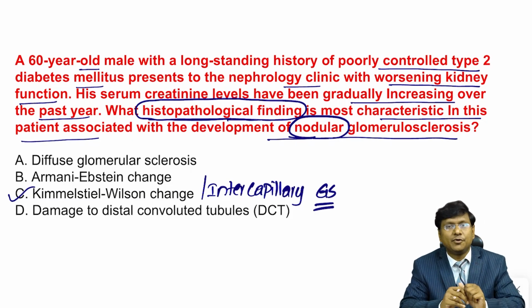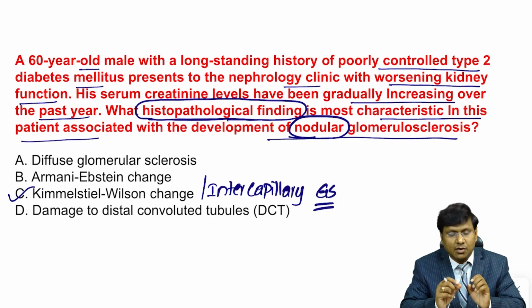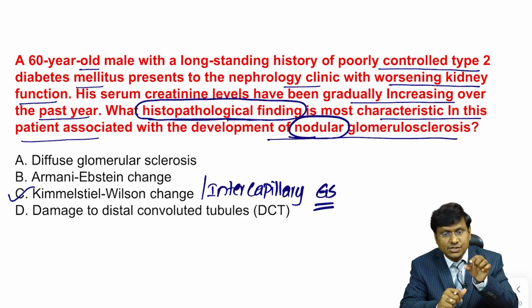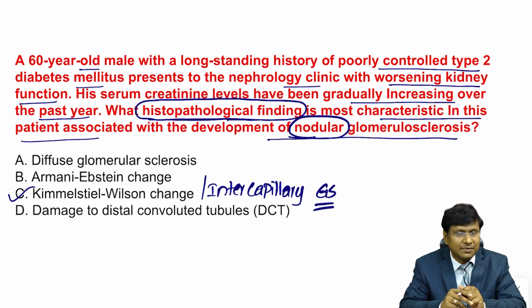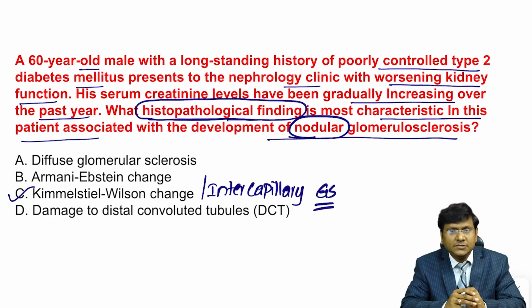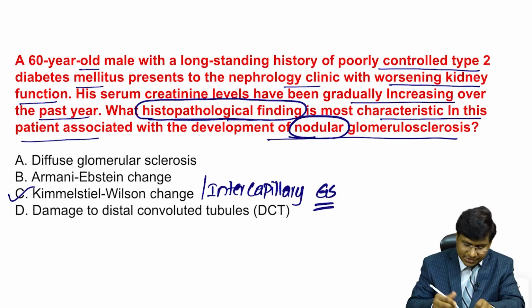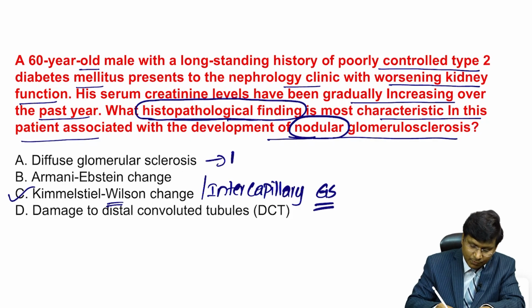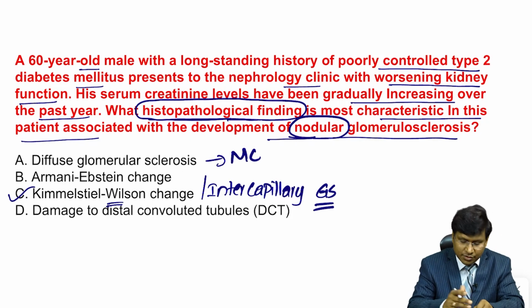And the other important exudative lesion along with the fibrin caps will be the capsular drops, the eosinophilic drops. Whereas pathognomonic for diabetic nephropathy will be nodular glomerulosclerosis, and these nodular lesions are called the KW lesions, okay? Whereas the most common will definitely be diffuse glomerulosclerosis.